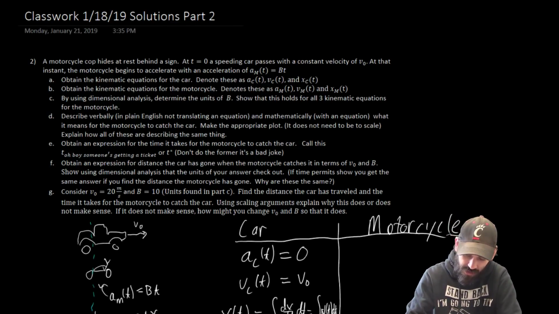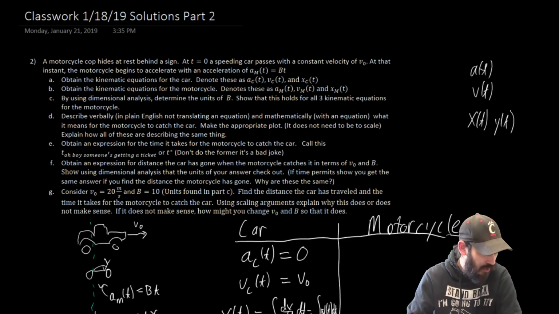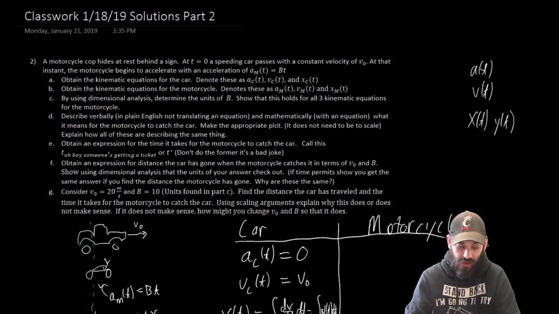And again, this is this kind of table that I had in the last video. So we have a of t on the top, v of t in the middle, and we had x of t or y of t, depending on if we're talking about something that's going to be vertical or horizontal.